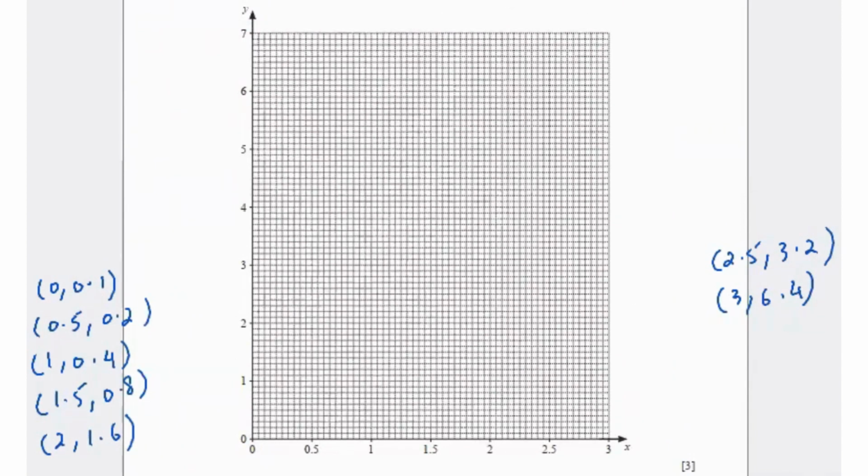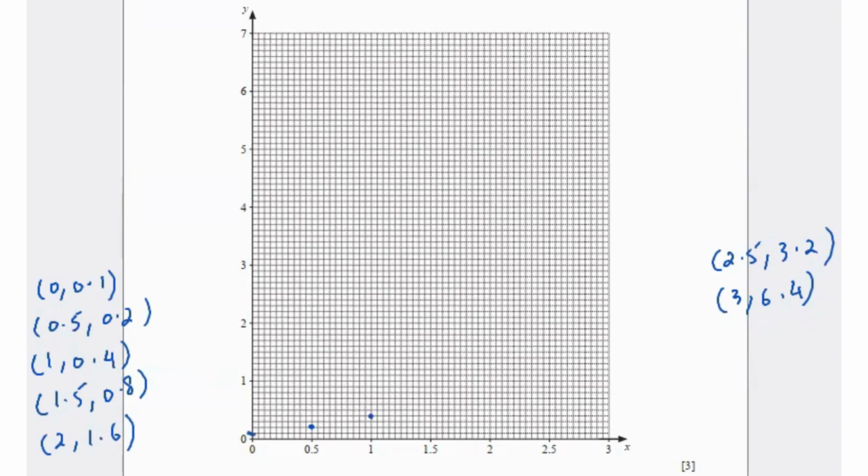Let's see if I'm going to even see these points now. So 0, 0.1. That is over here. 0.5 and 0.2. That is here. 1 and 0.4. That is here. Then 1.5 and 0.8.